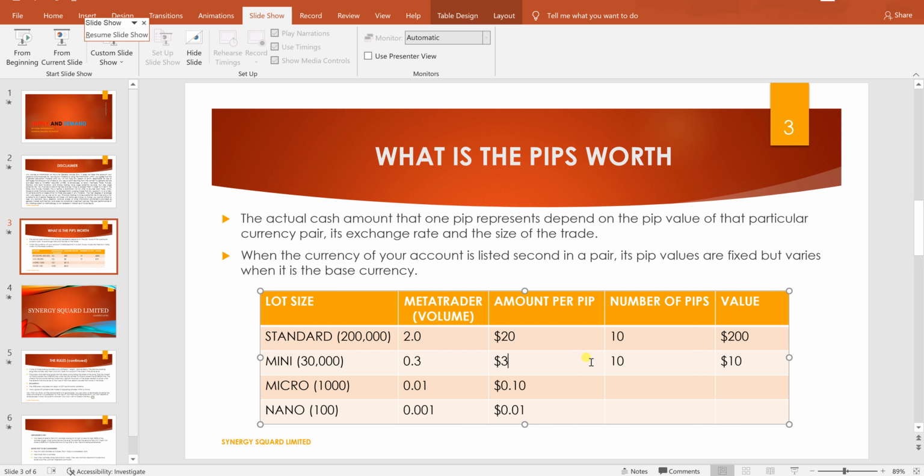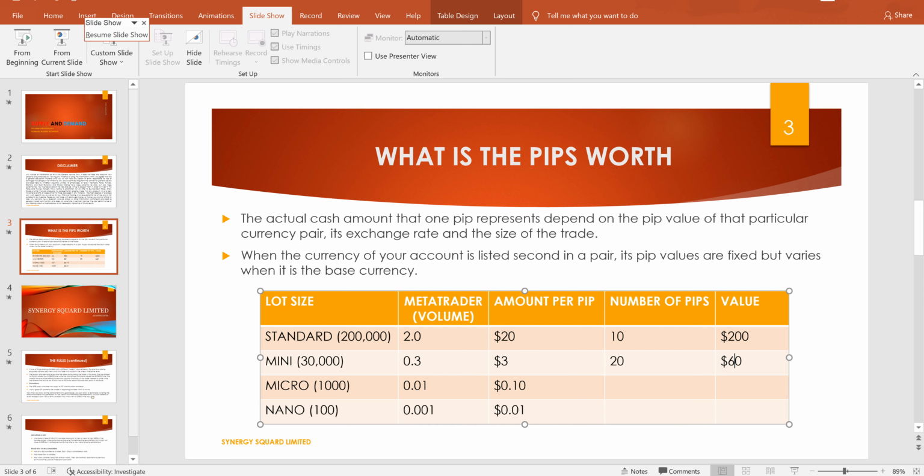So if we made 10 pips here, what will we have? We are going to have $30. Then what if we made 20 pips? What if we made 20 pips here? Then what it will then be is no longer $30, but 3 times 20, which is what? $60.